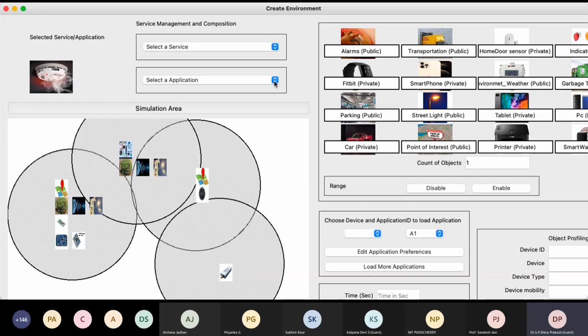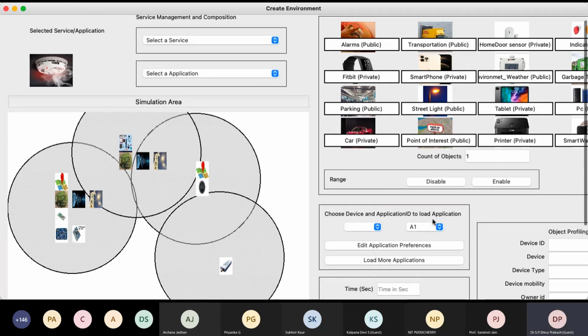These services are already embedded within the applications, so any researcher who wants to work on this can straight away load these applications, and indirectly they are loading the services inside those applications.